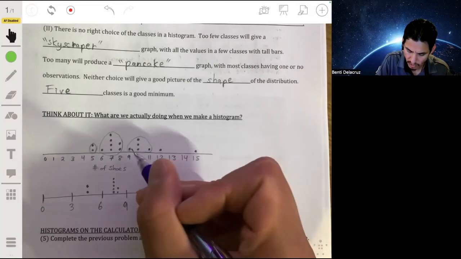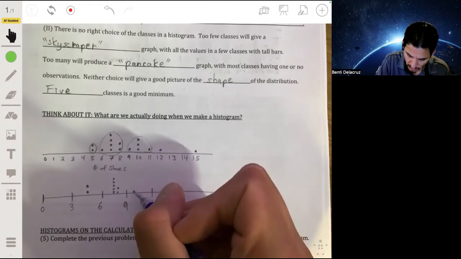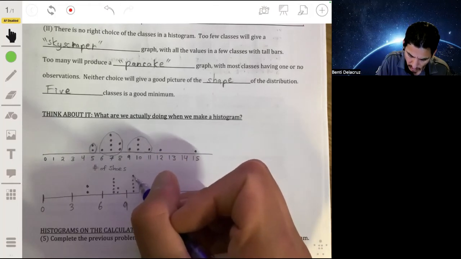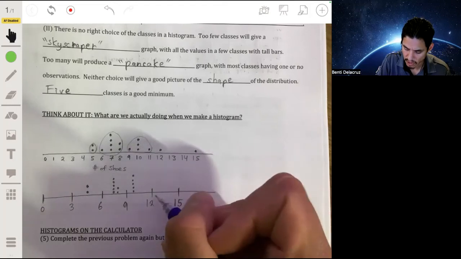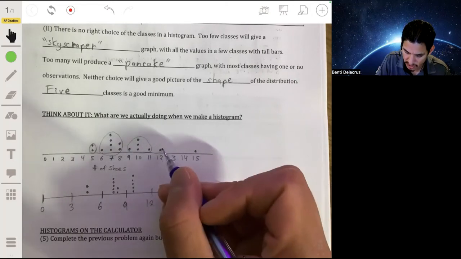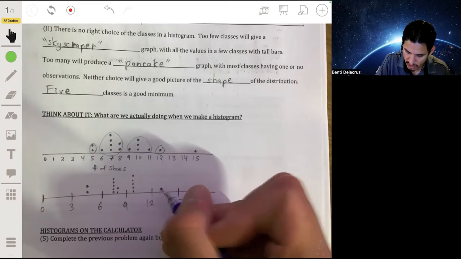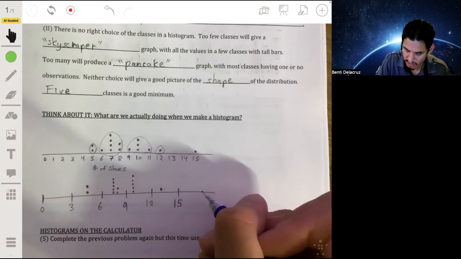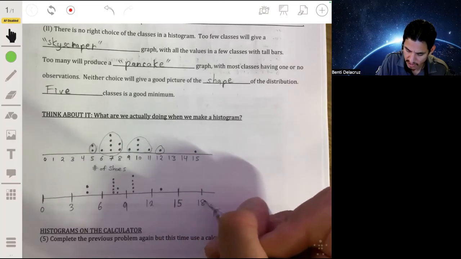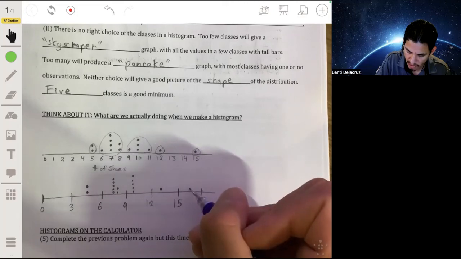So here we got 1, 2, 3, 4, 5. Then the 12, 13, 14, which is just this one, so just 1. And then 15, 16, we actually keep on going to 18 in this case, and it would just be this last one here.